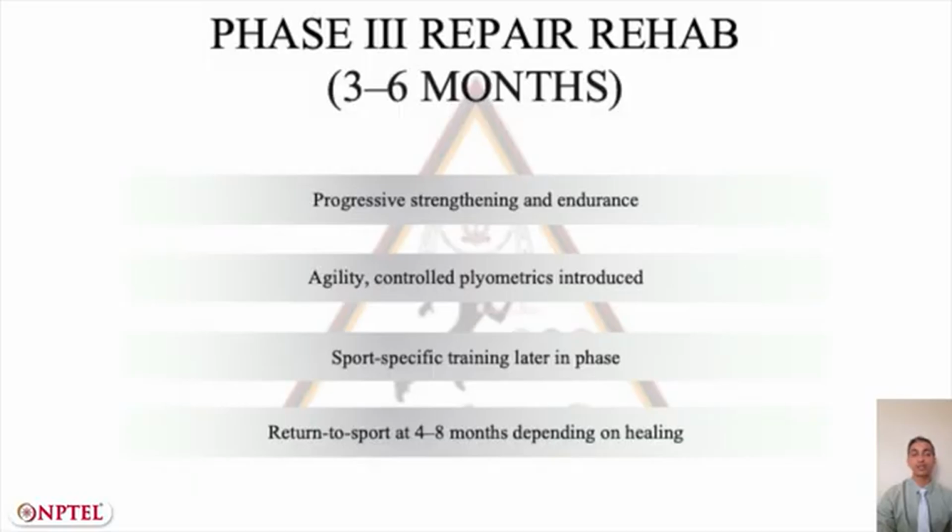Criteria to progress to the next stage are restoration of full and pain-free range of motion in weight bearing, as well as weighted squats like goblet squats, strength of more than 90% as compared to the uninjured limb, and the ability to perform sport-specific drills with good quality of movement and without showing any hesitation during any movement.